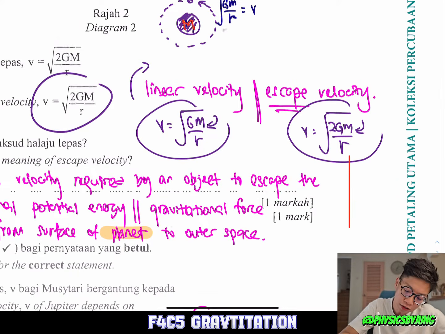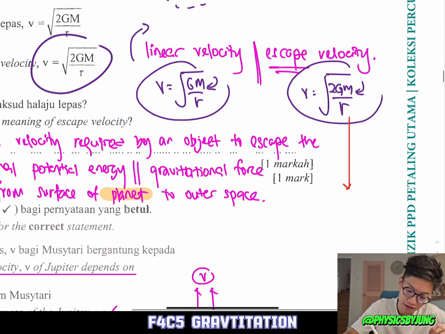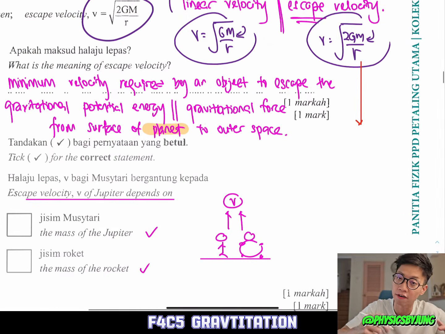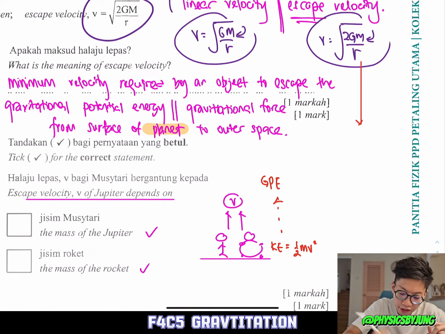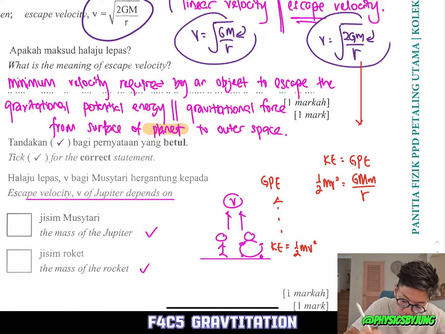For this 2GM over r, why is it like this? Because when it comes to escape velocity, there is something related to kinetic energy, half mv squared. You want to escape all the way to the top, so there is also gravitational potential energy. I will say that my kinetic energy must equal my gravitational potential energy. So half mv squared equals GMm over r.